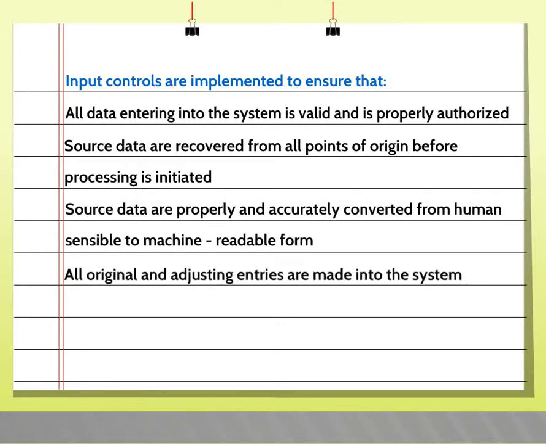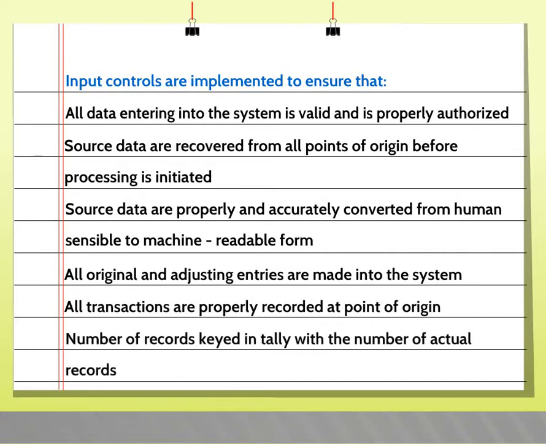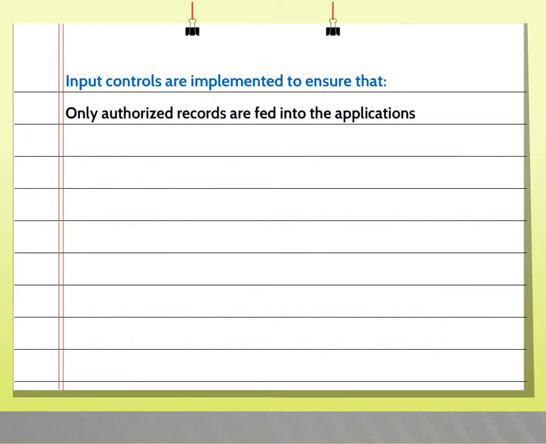All original and adjusting entries are made into the system. All transactions are properly recorded at point of origin. Number of records keyed in tally with the number of actual records. Only authorized records are fed into the applications. Input is accurate and complete.